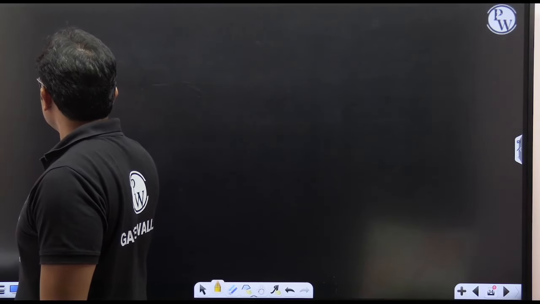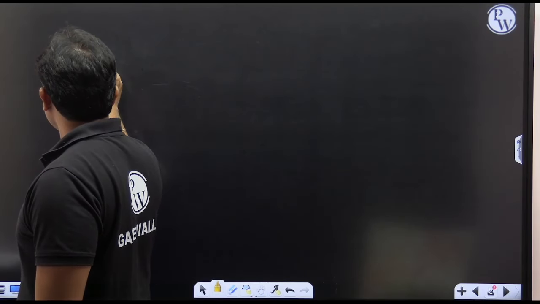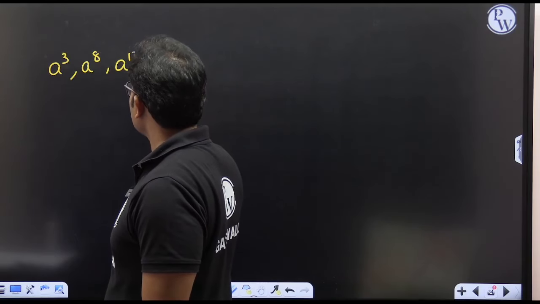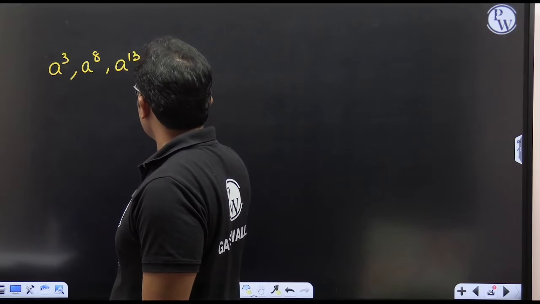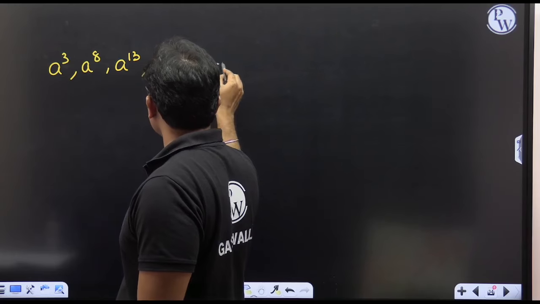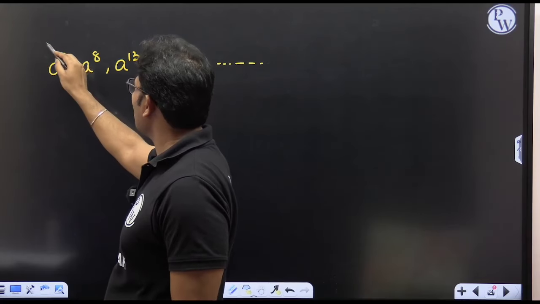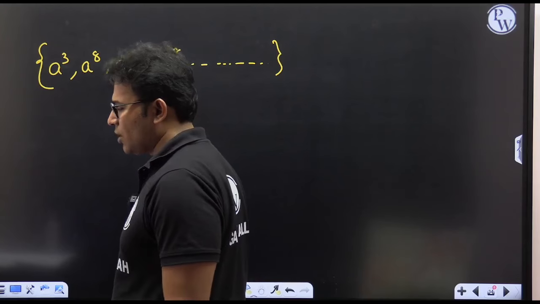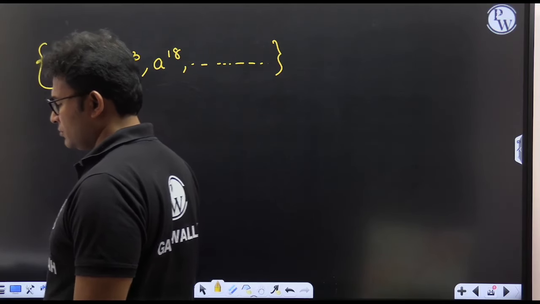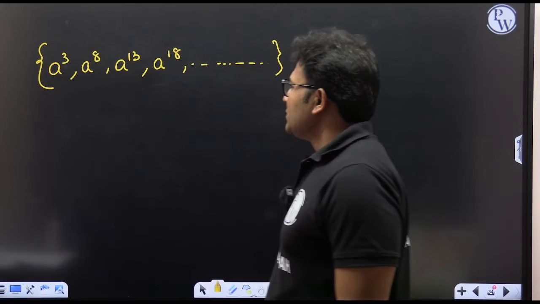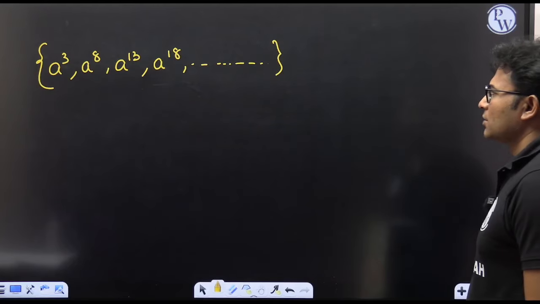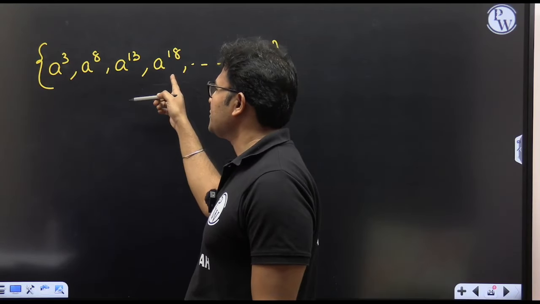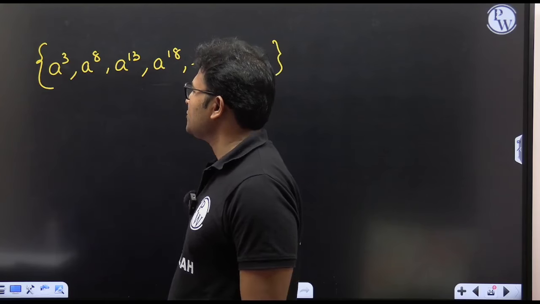A power 3, A power 8, A power 13, A power 18, and so on. What is this language? This is in arithmetic progression and the common difference is 5, isn't it?